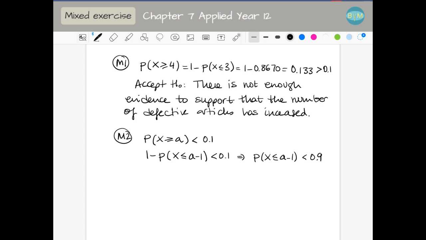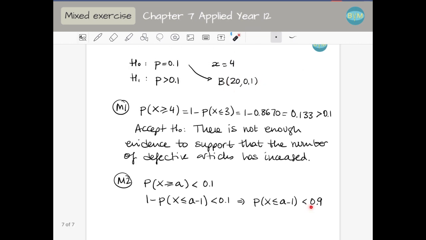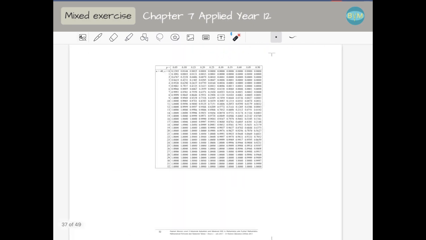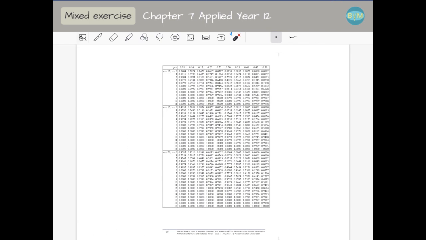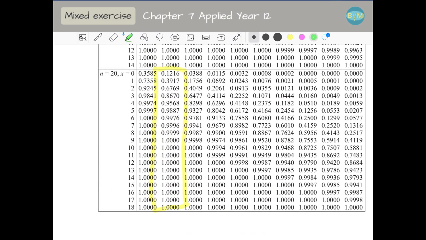I go again to the table, but in this case it's 20, 0.1, and I look for the first one that is greater than 0.9. Yeah, this is just rearranging this. 20, 0.1 is this column here, and I look for the first one that is greater than 0.9, which is this one.